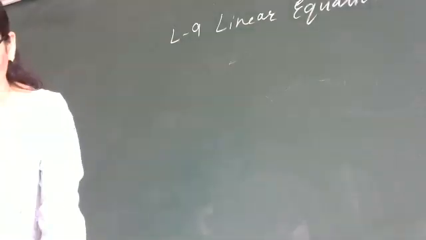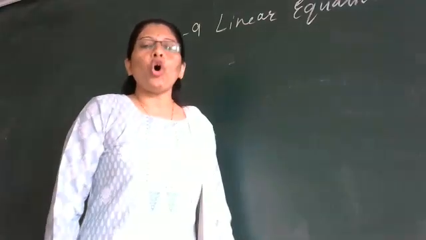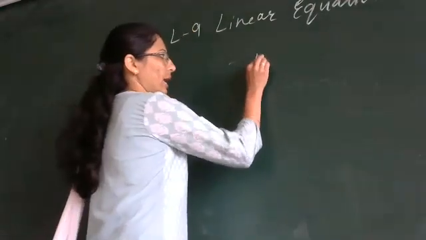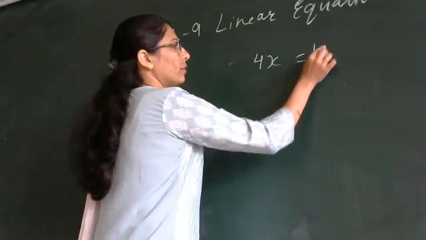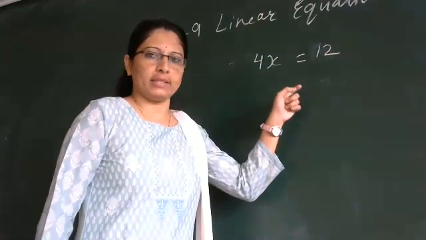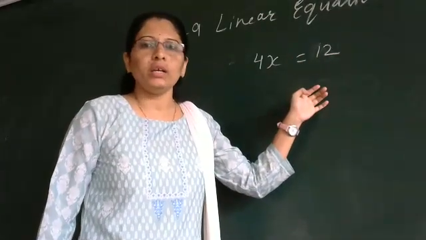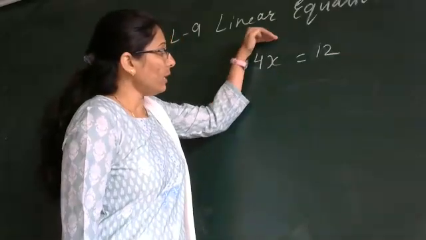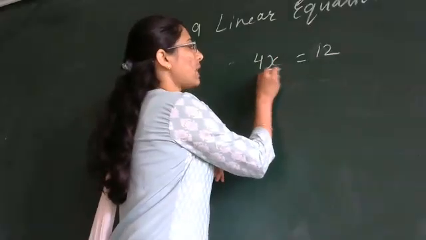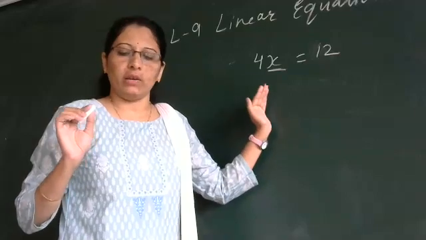Now for example, 4 times x is equal to 12. This is also an equation, because we have both LHS and RHS, and it has degree 1. So this is an example of a linear equation.